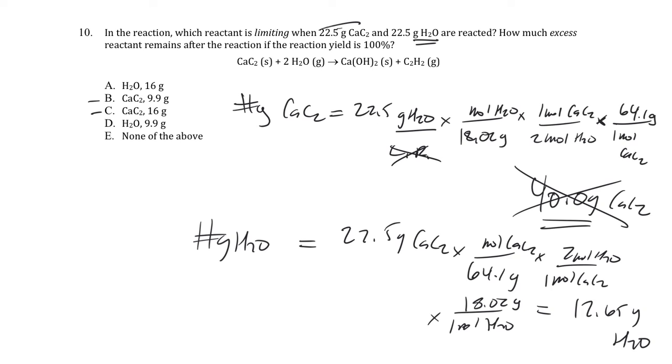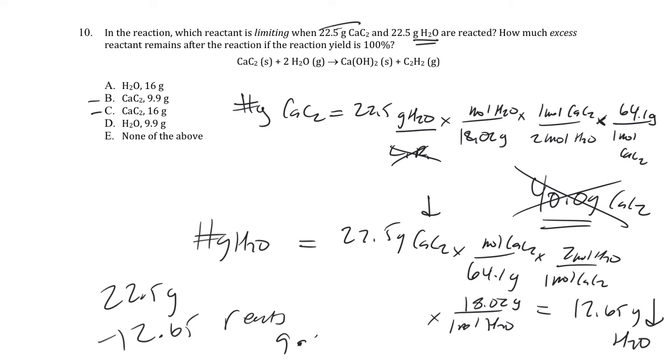So 12.65 grams of water, this isn't the water mass remaining, this is the amount of water that reacts with this mass of calcium carbide. So we had 22.5 grams of water present, minus 12.65 grams that reacts. So 22.5 minus this quantity is 9.8 grams. Let's round that to 9.9 grams remaining.